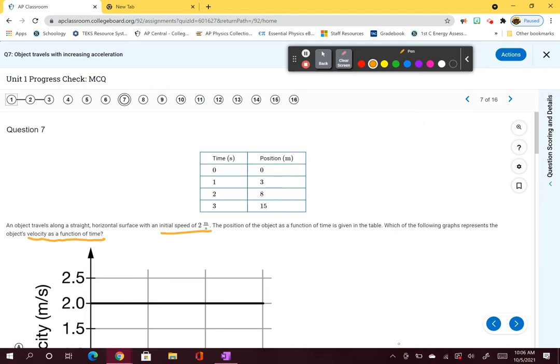So for a position versus time graph, how do you find velocity? Hopefully you said slope. So for a position versus time graph, your slope is your velocity. So we need to see if there is a change in your velocity.